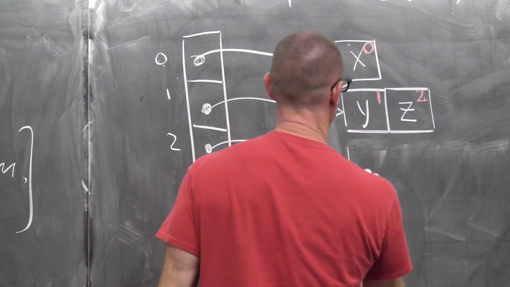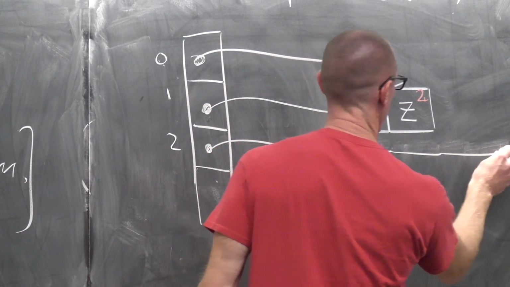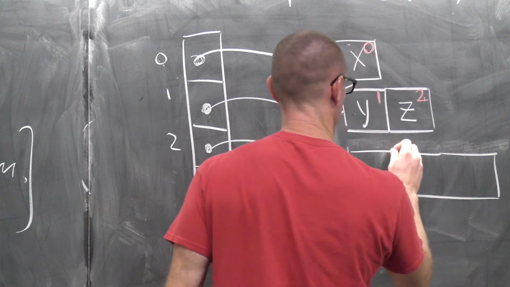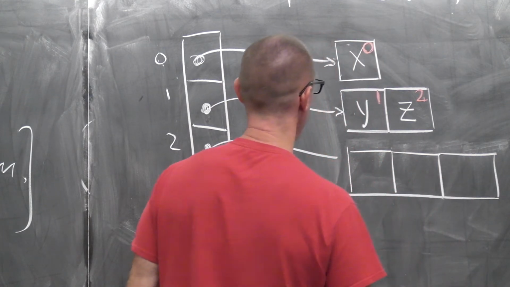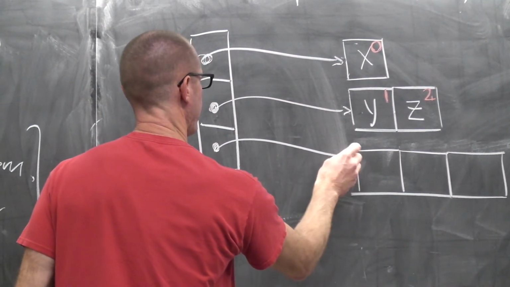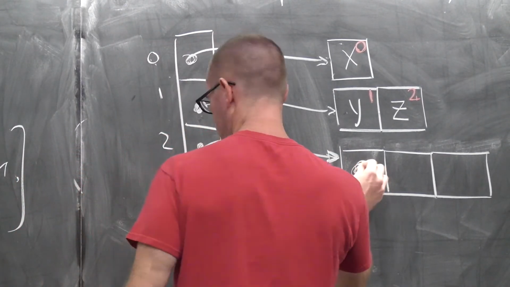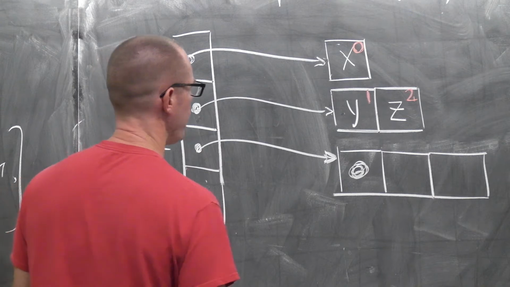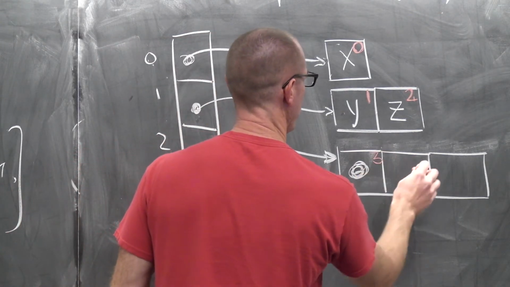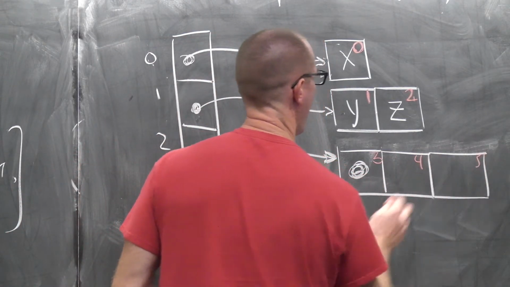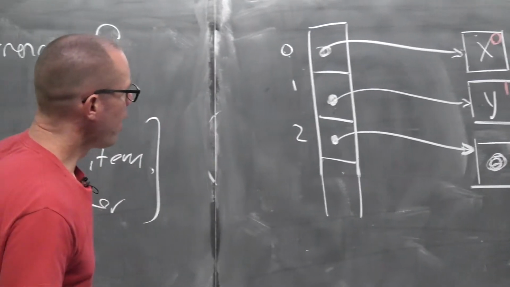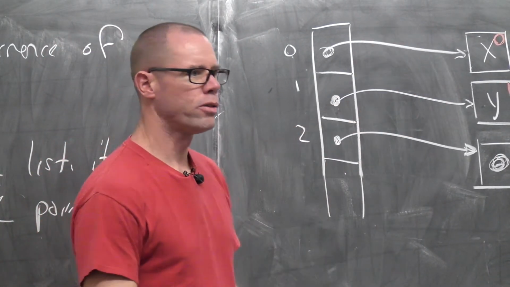Let's just make it 1 bigger than the previous one. And then we put our new element there. In terms of list indices, this is list positions 3, 4, 5. And we're good to go for another 2 insertions.